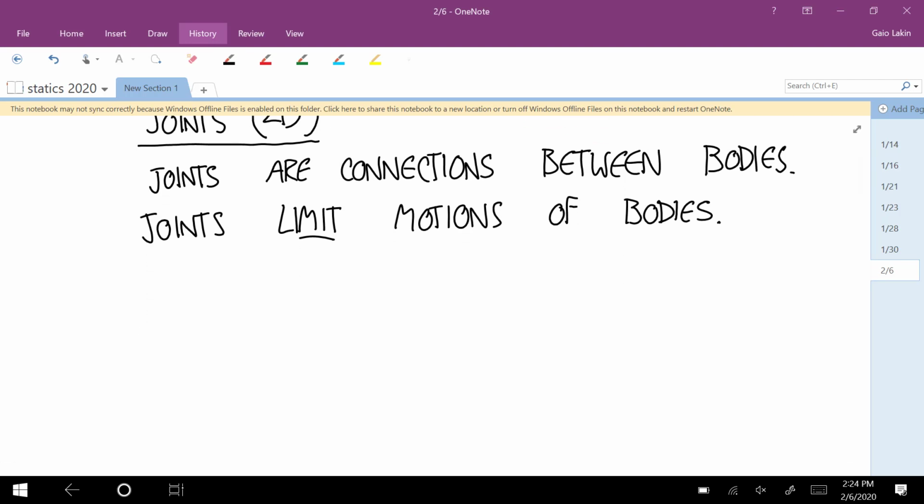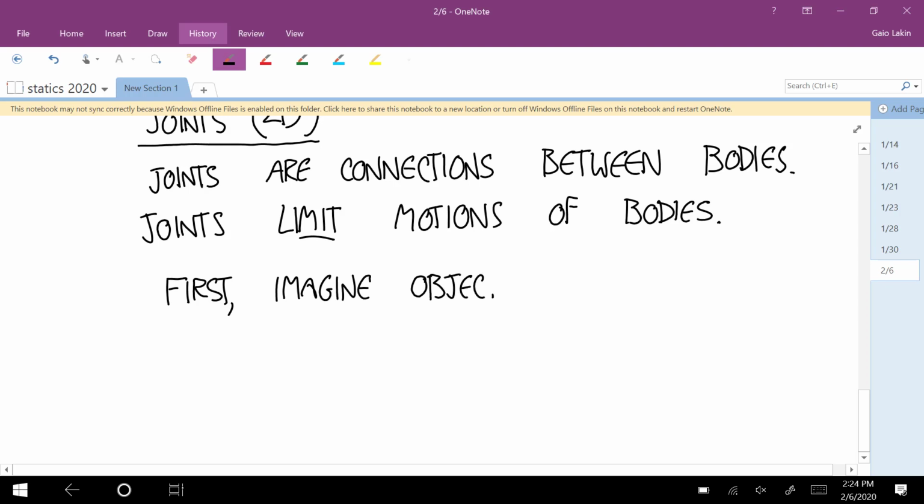So in order to understand this, first imagine an object floating in deep outer space. And this is a 2D object. I'm just thinking about the motion in 2 dimensions.